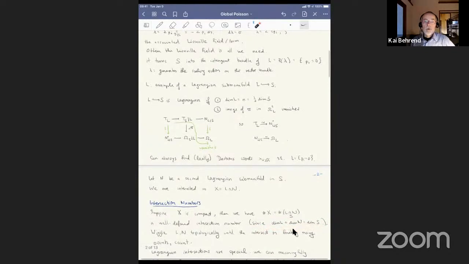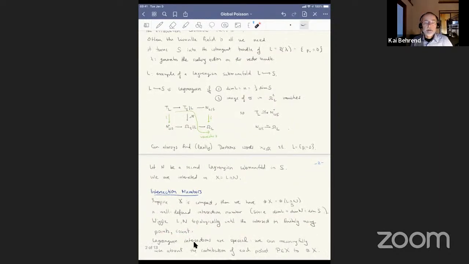And so if you wiggle the two submanifolds L and N a little bit topologically, they will intersect in finitely many points transversely, and that's a well-defined number if X is compact, and that's the intersection number. So if you wiggle L and N until they intersect in finitely many points, and then you count those points, that's this intersection number.